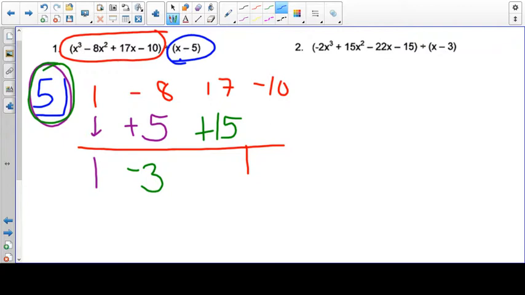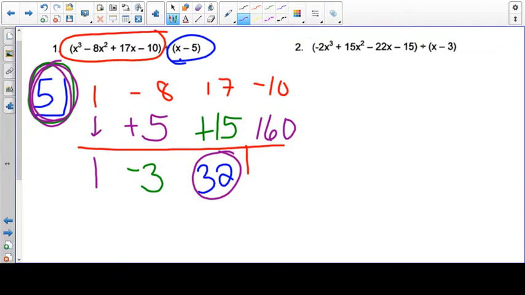15 plus 17 will give me a 32. Then I'm going to take that 32 and multiply by that 5 again, which will give me 160.